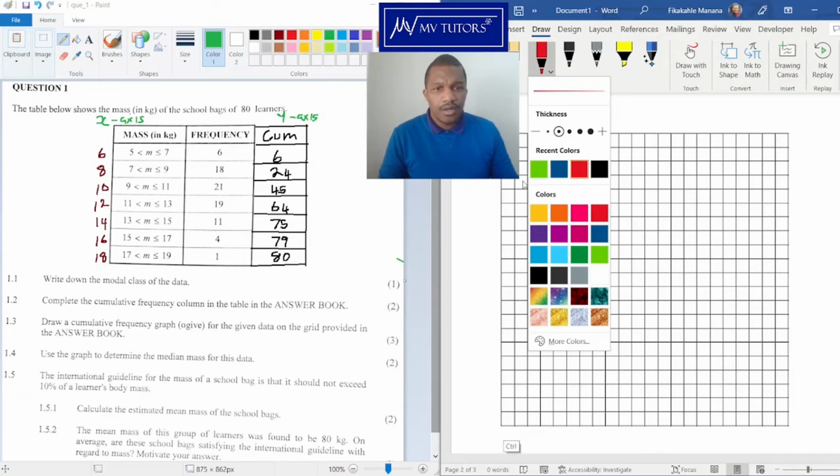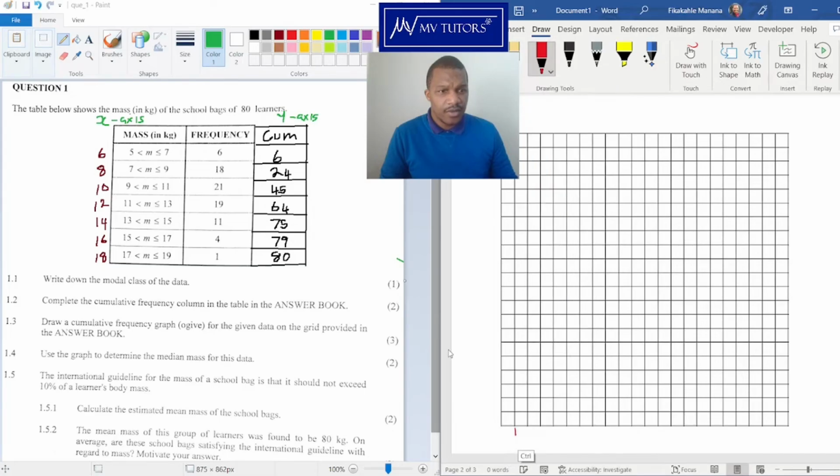Good. On the x-axis, I said we have to go up to 18. So let's see: 1, 2, 3, 4, 5, 6, 7, 8, 9, 10, 11, 12, 13, 14, 15, 16, 17, 18. Let's just put one more for control, 19.